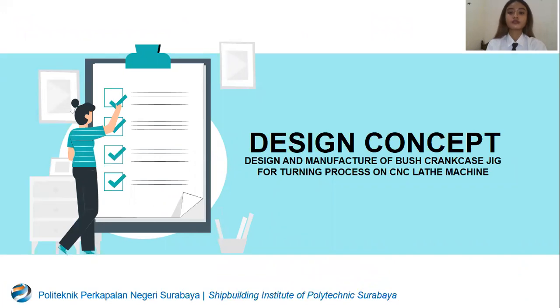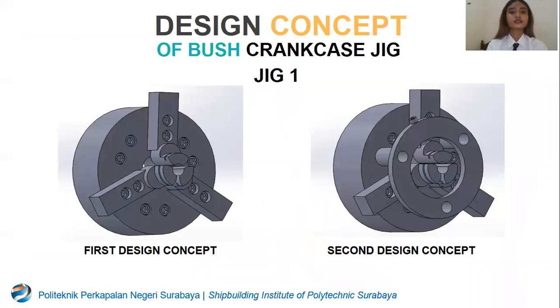Then we talk about the design concept. This is the design concept of the bus crankcase jig for the first jig. This is the first design concept, and this is the second design concept. For the first design concept, the design is simple, the jig is strong enough, the material is easy to get at an affordable price, the jig is easy to operate, easy to manufacture, and easy to repair.